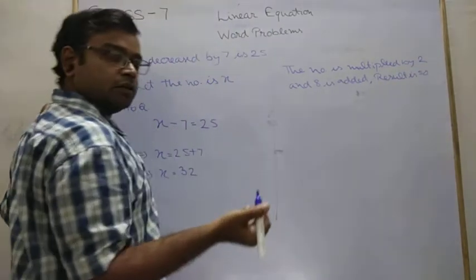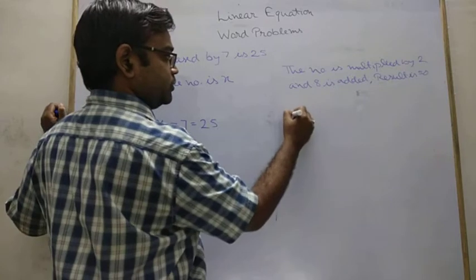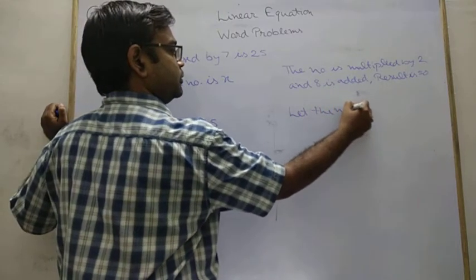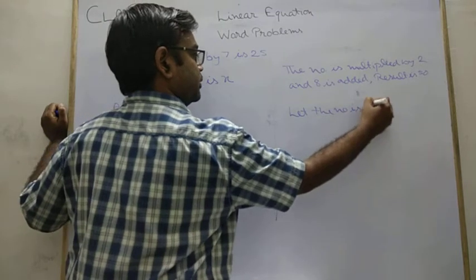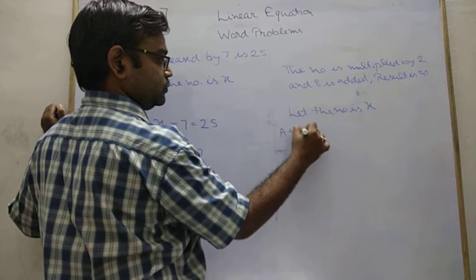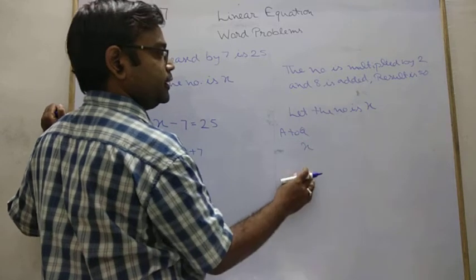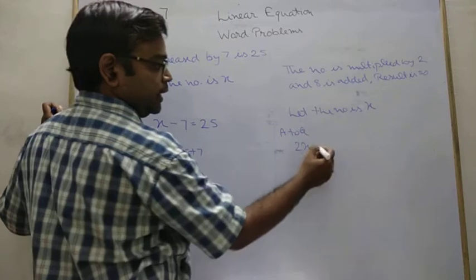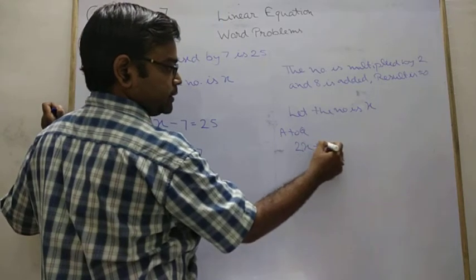Clear? So what is our work? Clearly start. This is the solution part. Let the number be x. According to the question, x is multiplied by 2, that is 2 into x, 2x, and 8 is added, plus 8.